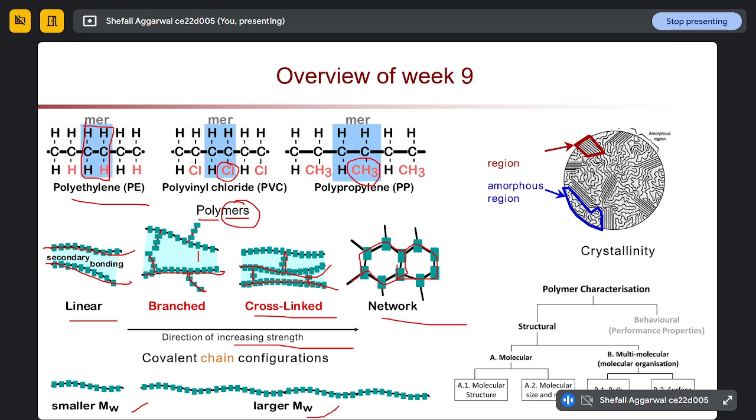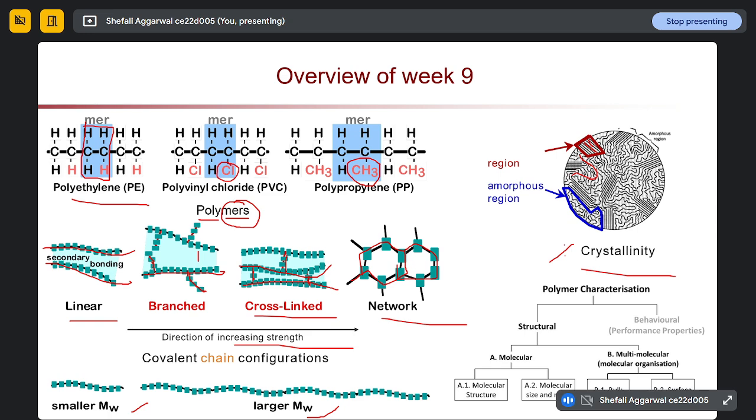The second characteristic of polymer is the crystallinity percentage. If we see a cross section of a single polymer, it will have some crystal structure and some amorphous structure.